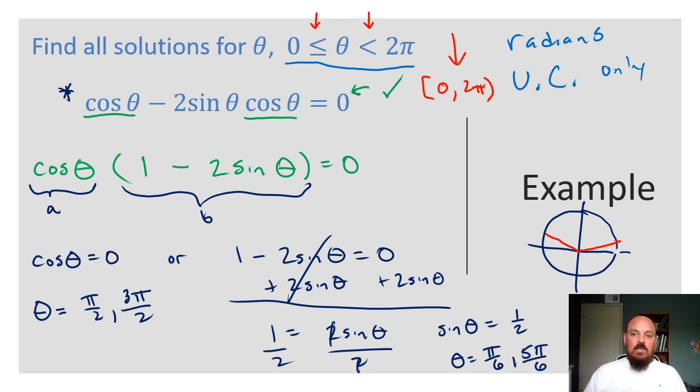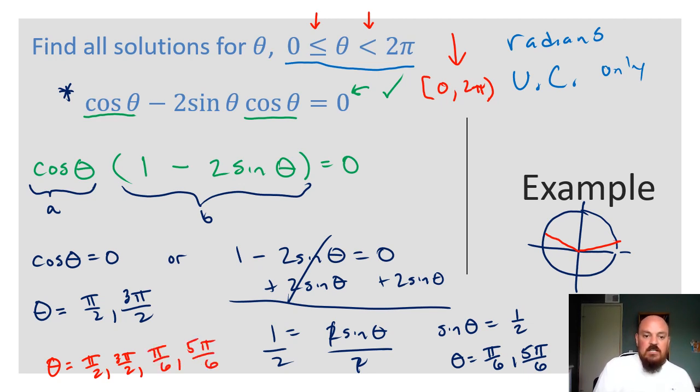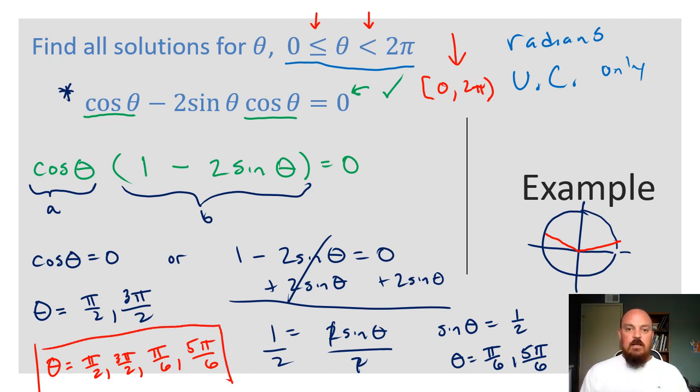Now your actual answer to the question is all four of those together. So for my actual answer, I'm going to say theta equals, and you can write them in any order, pi over 2, 3 pi over 2, pi over 6, 5 pi over 6. That's my final answer to the question, is all four of those angles.